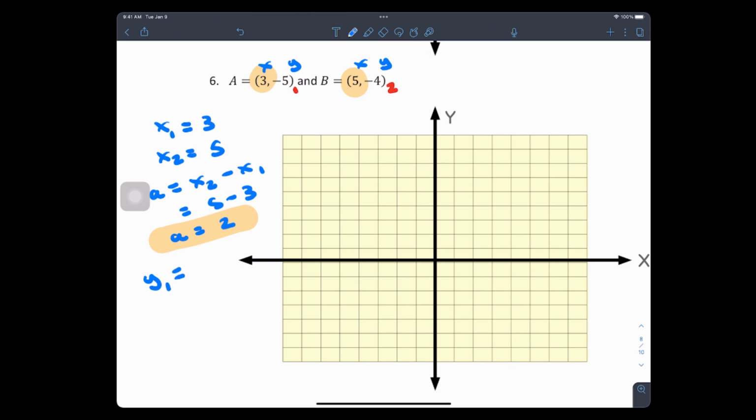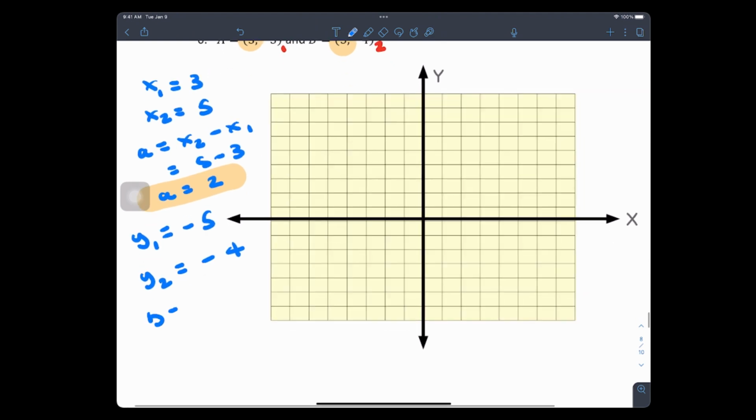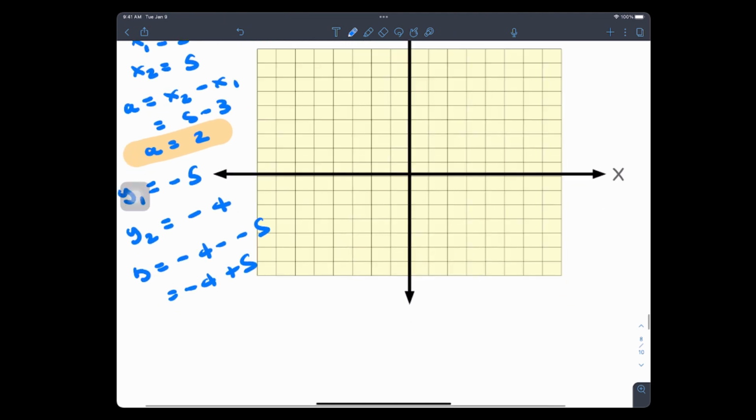Y1 is what number? -5. Y2 is what? -4. So that B value is going to be what? -4 minus a -5. What is this? -4 plus 5, which is going to be +1. So B is 1.